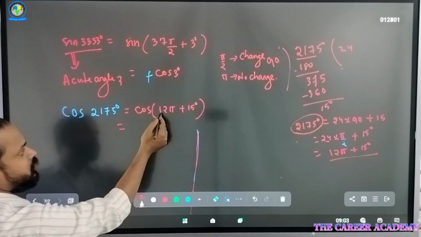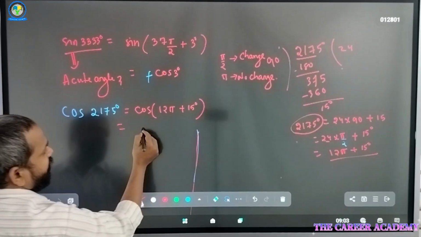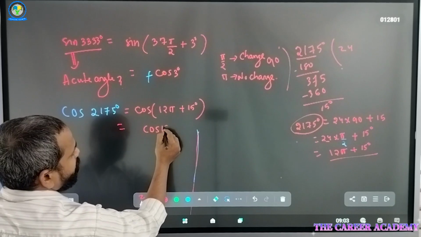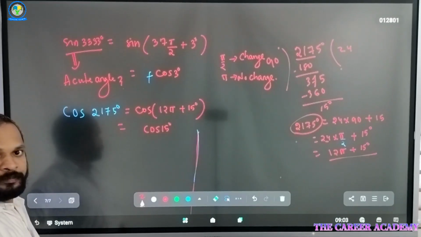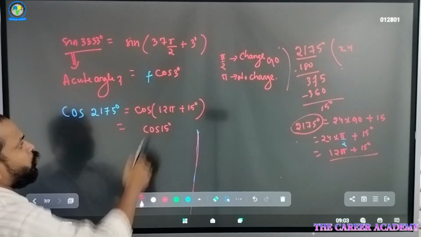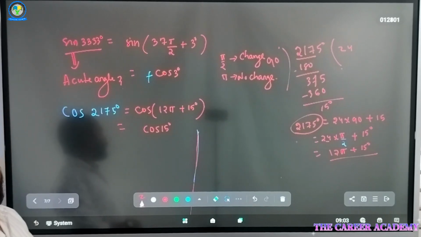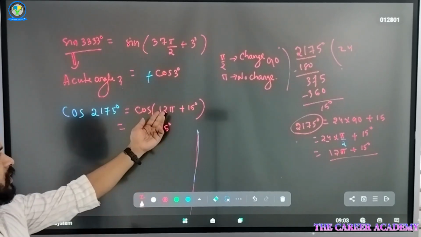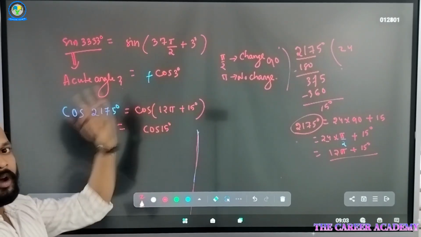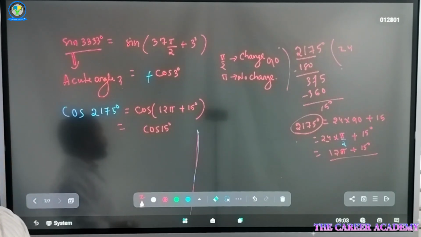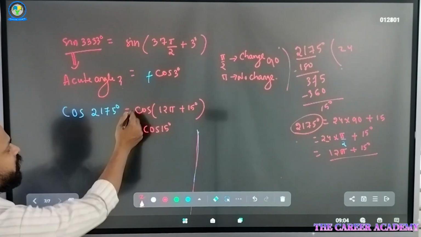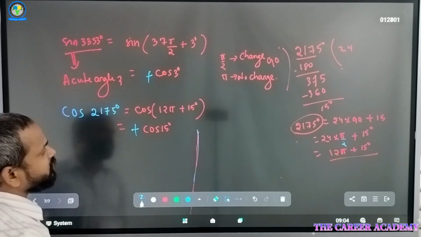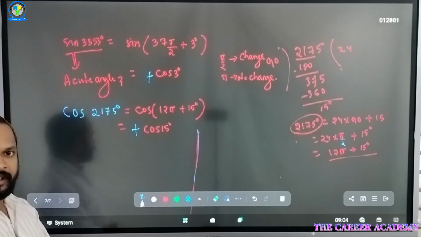So cos of 12 pi plus 15 is cos 15 degree. Understood? Now see, 12 pi plus 15 gives which quadrant? It is even pi, cos theta, first quadrant. And in the first quadrant the cos value is positive. Clear, students?